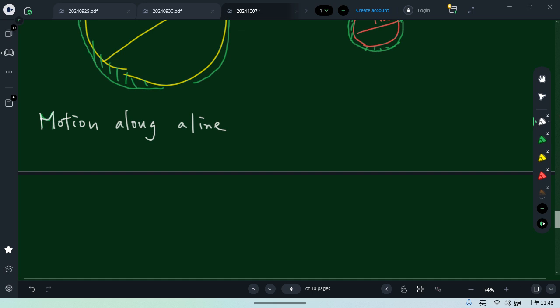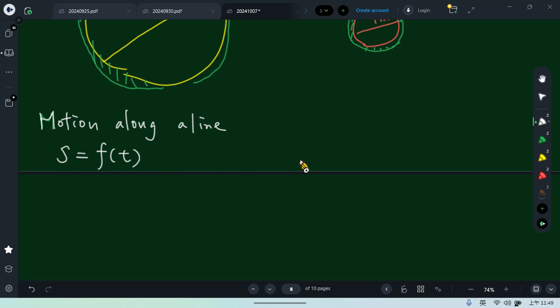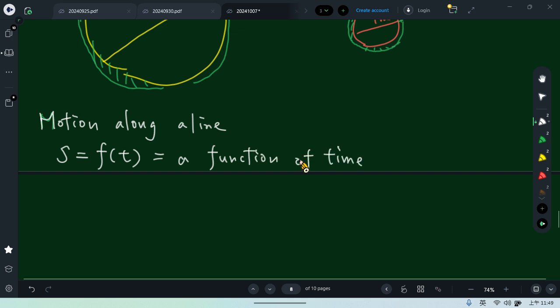So originally, the displacement can be defined as f of t. Normally t here is time, then s is the displacement. So this is the function of time for motion. Then we just use t as its variable.